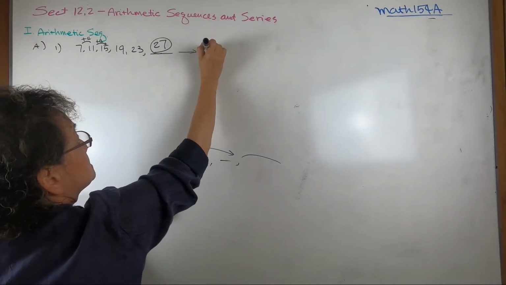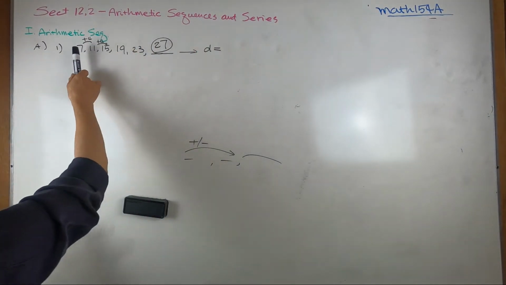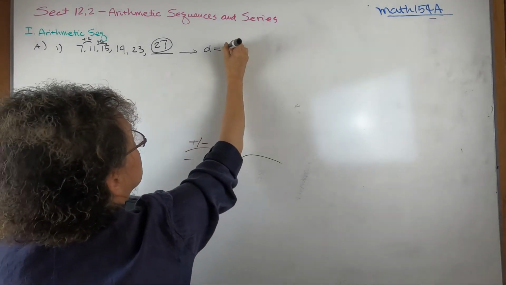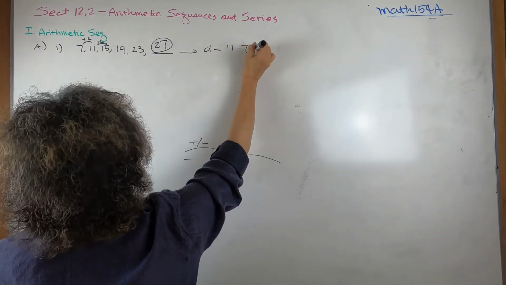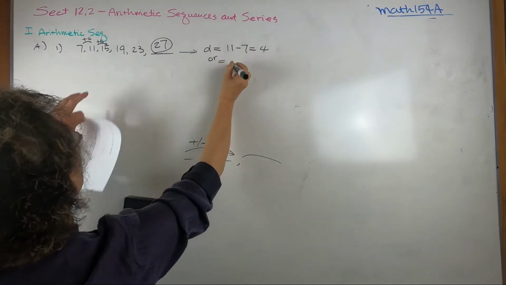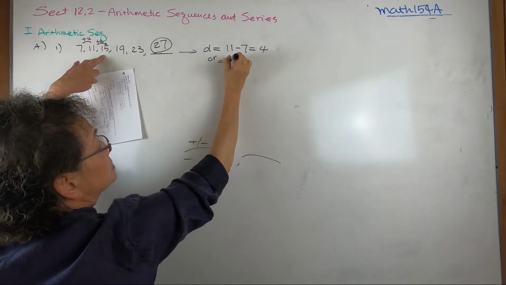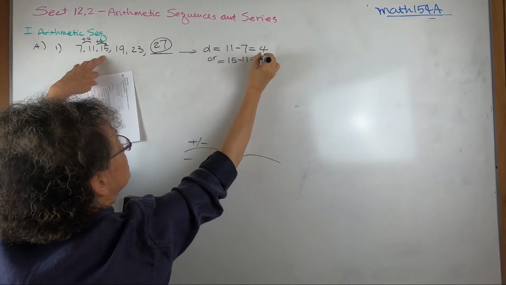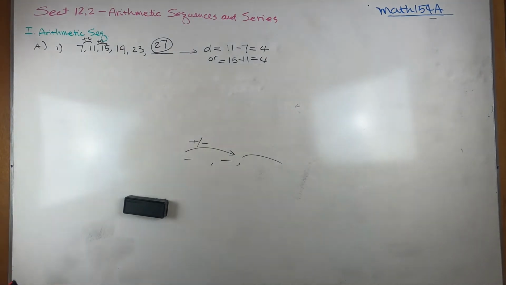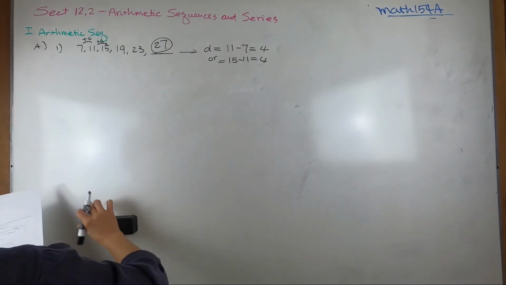Then the difference, the distance from one number to the other, will be what? Your second number minus 7, the first number, that would be 4. Or you can do the third number minus the second number. Every one, the difference between the next one would be positive 4, right?